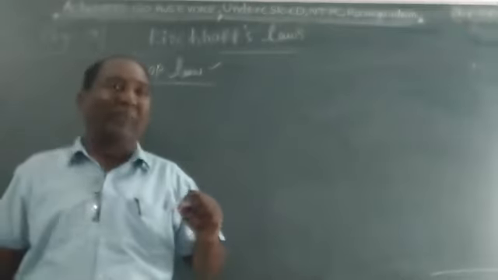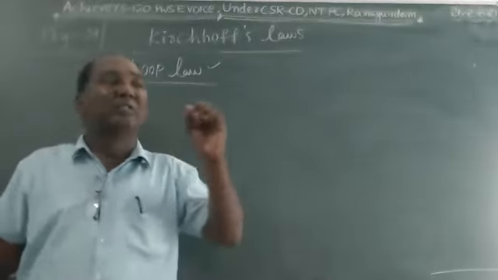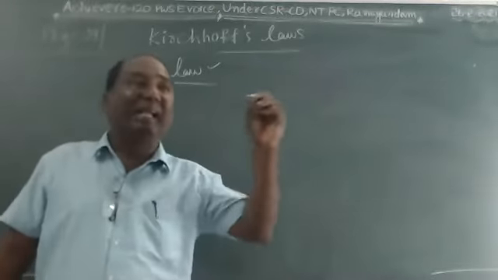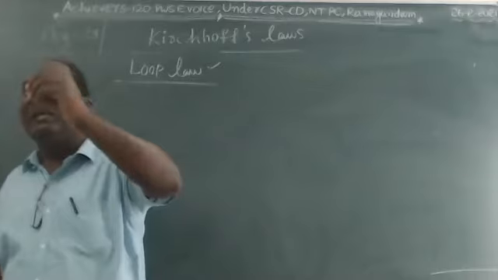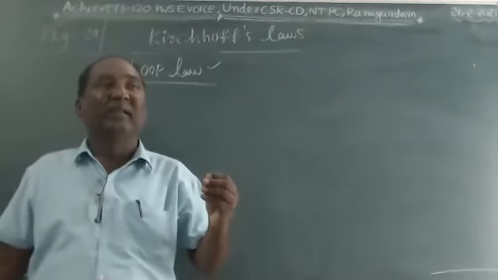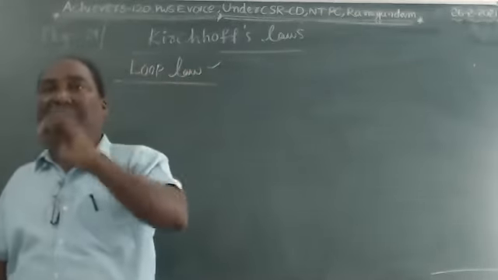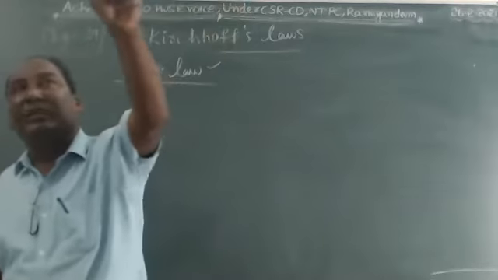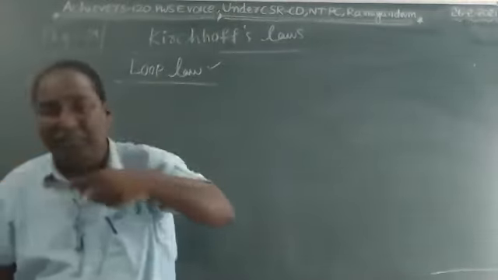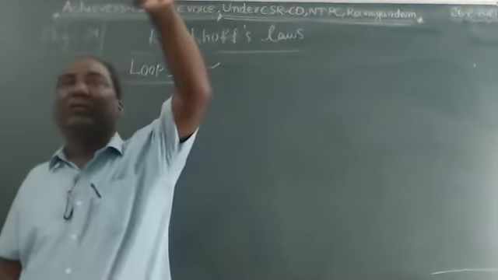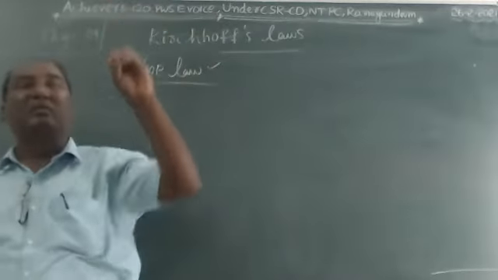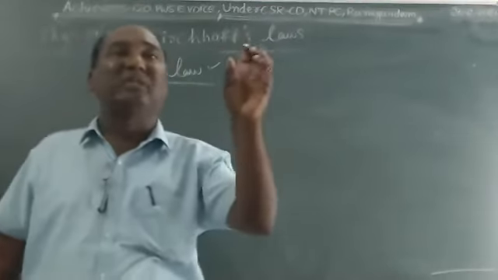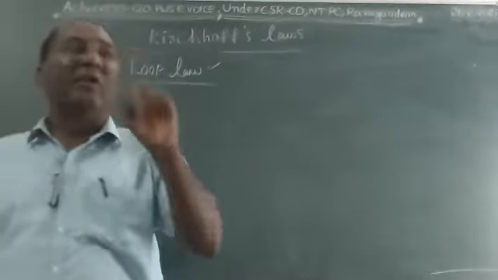This means the algebraic sum of the increases or decreases of potential difference in a closed loop circuit is equal to zero. When a potential difference moves throughout the circuit, finally it should be zero, meaning the voltage value should be zero. This is called the loop law.